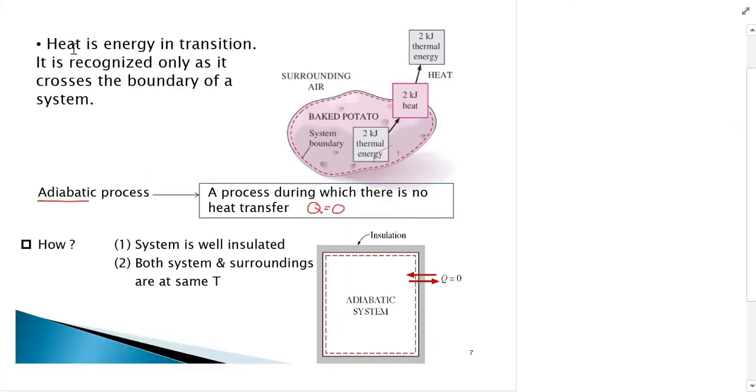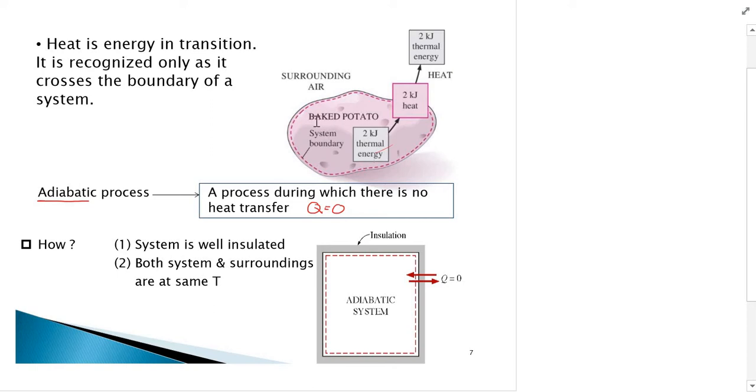So we can see that heat is energy in transition. It is recognized only as it crosses the boundary of a system. Here, imagine you have a hot baked potato that you just took out from your oven and let it cool down in your kitchen, exposed to surrounding air.